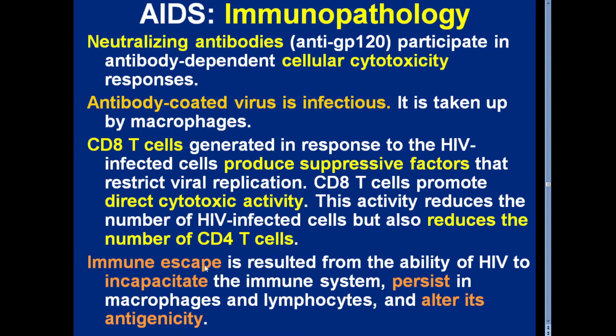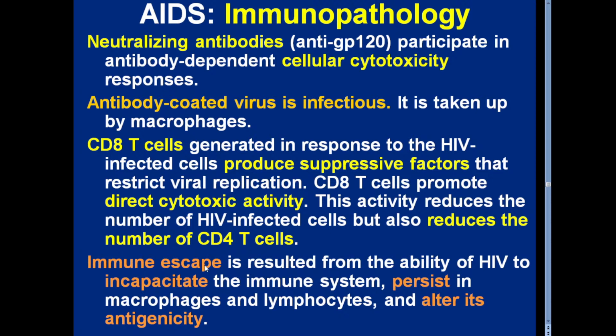CD8 T cells, or T killer cells, generating the response to HIV-infected cells, produce suppressive factors that restrict viral replication. As a result, T killer cells attack HIV-infected CD4 cells and destroy these cells, which also adds to immunosuppression.